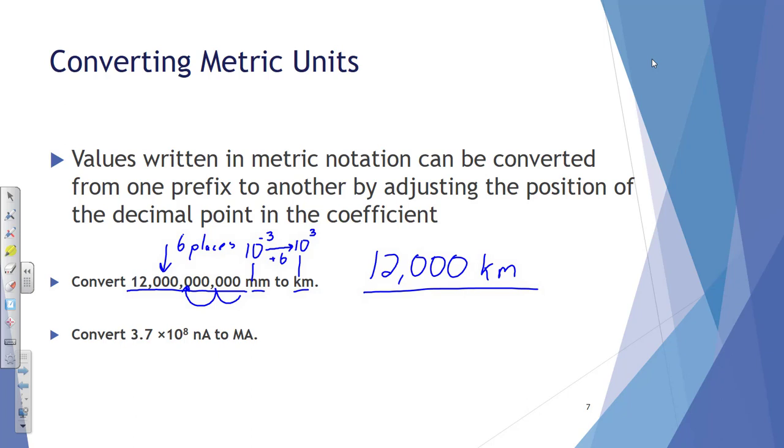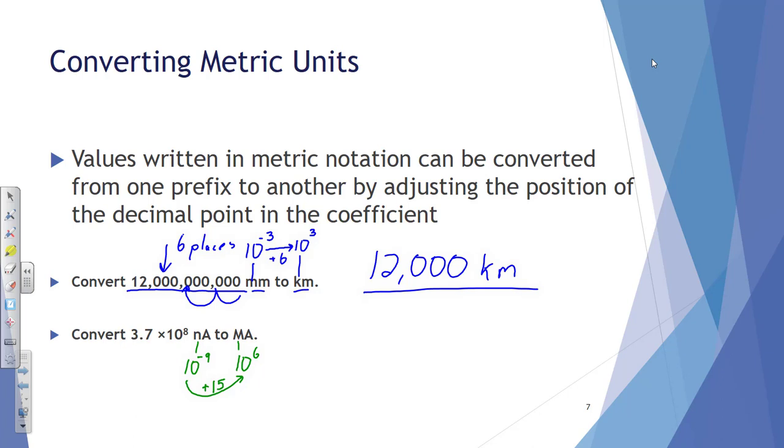And our last one, 3.7 times 10 to the 8th nanoamps to megaamps. Where are we at? We're using nano, which is 10 to the negative 9th. We want to get to mega, which is 10 to the 6th. So we are climbing up a total of 15 spots from negative 9 up to a positive 6.